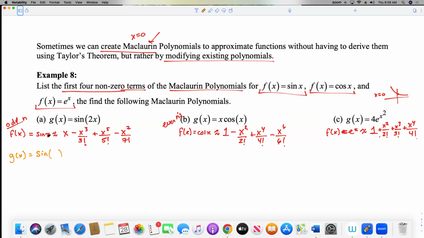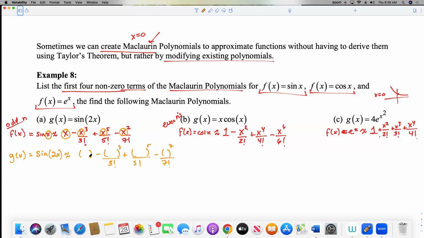And now we're going to use sine of x to write our g of x. And basically, instead of this x, this x, this x, this x, we're going to plug in 2x. So parentheses minus parentheses cubed over 3 factorial, plus parentheses to the 5th over 5 factorial minus parentheses to the 7th over 7 factorial.